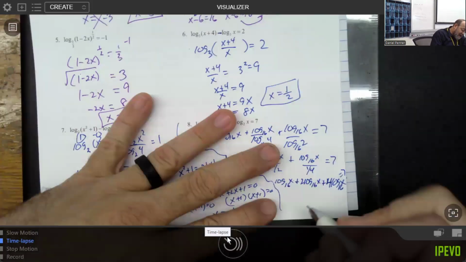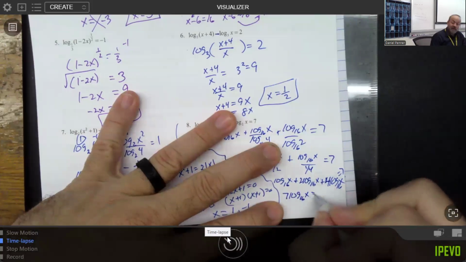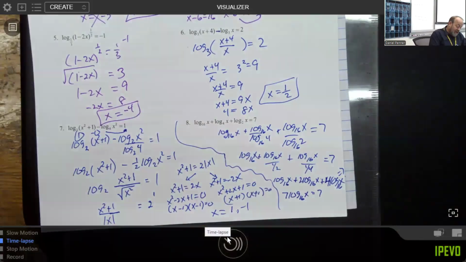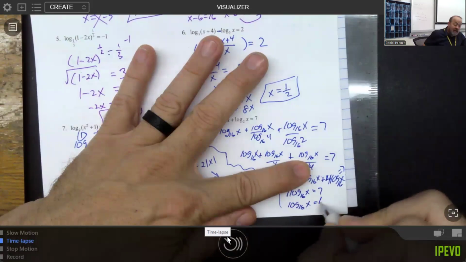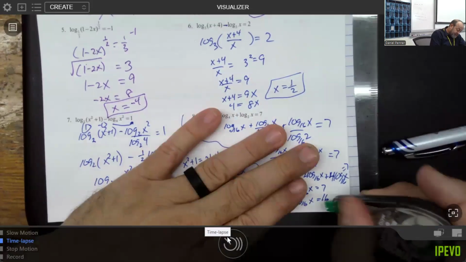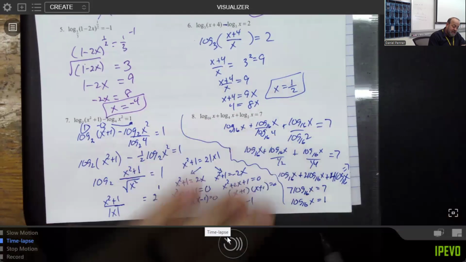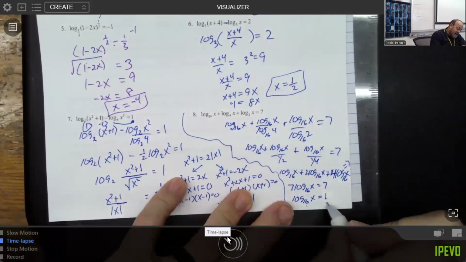So I have 7 of these log base 16 of x is 7. Well, can't I divide both sides by 7 and say the log base 16 of x is 1? And the definition of logarithm says 16 to the first power is x, so that means my answer is 16.